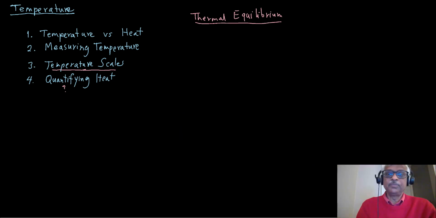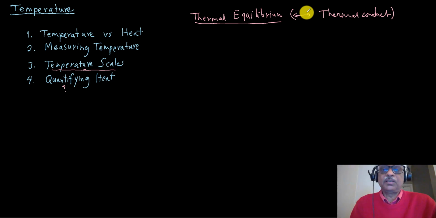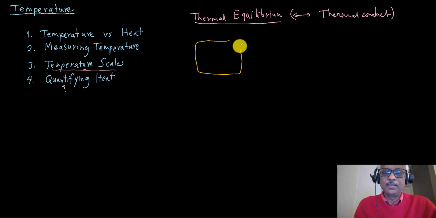Thermal equilibrium, and there is a related concept called thermal contact, which we'll talk about soon. So what is thermal equilibrium? You take any object. This is abstract, so we're going to do some abstract stuff here. Take a piece of steel, whatever object.